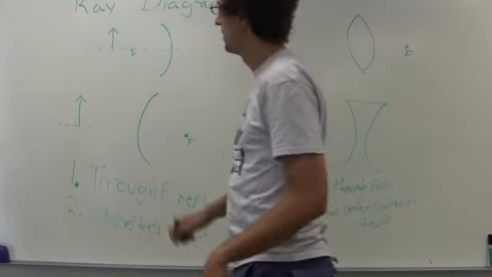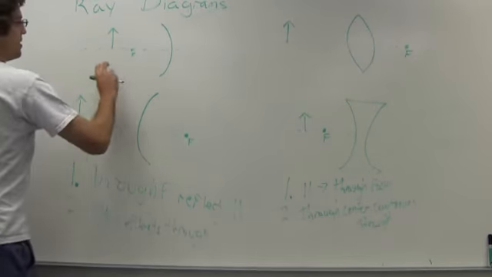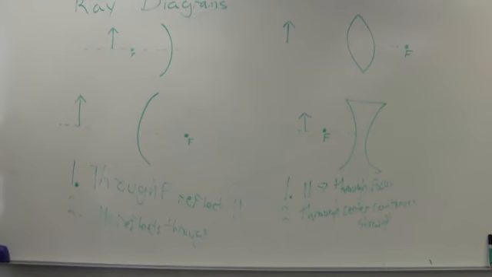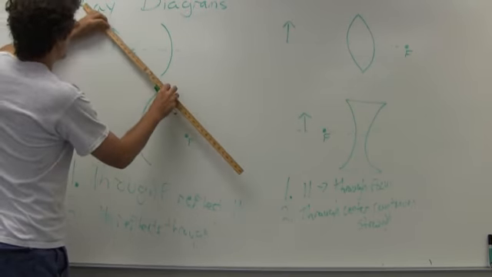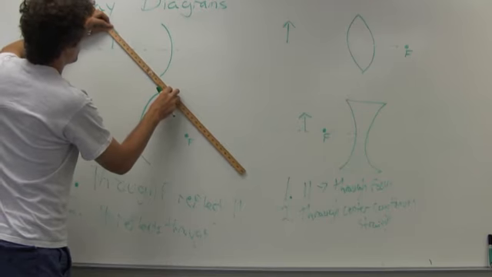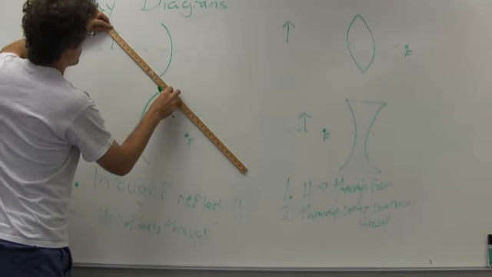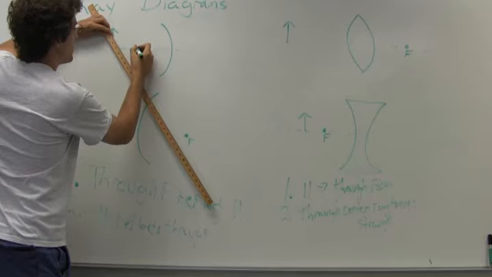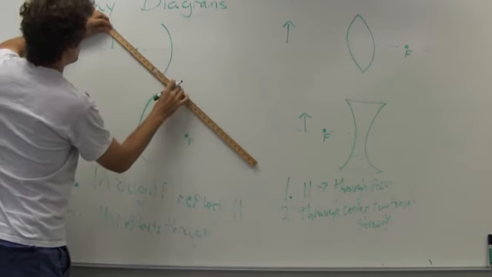Alright, so let's look at our first one, our concave mirror. What I mean by rule one, through the focus, is that from any point on this image, if I take that spot and draw through the focus, it's going to reflect back to that point. I'm going to shift this slightly to make it a little easier.